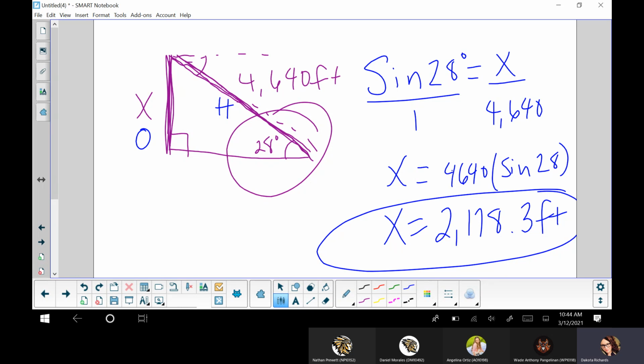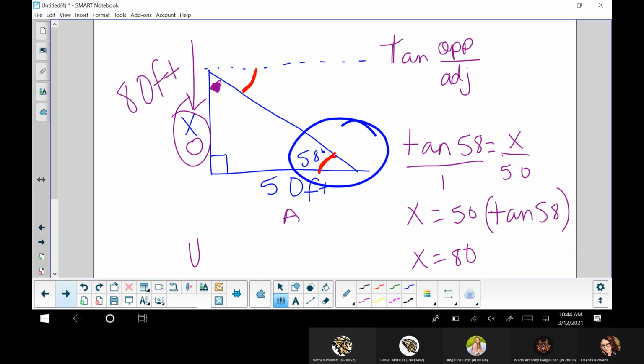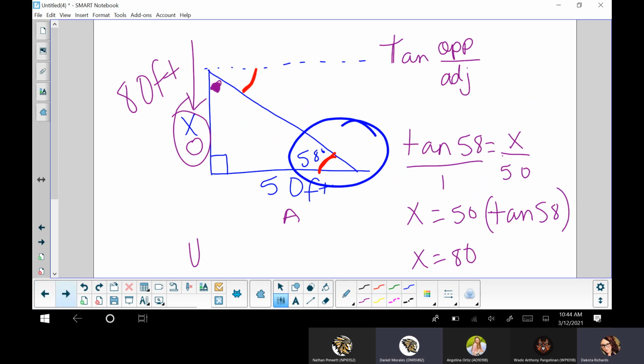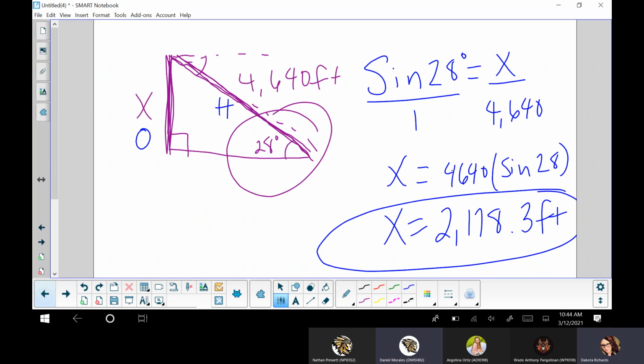We have 15 and 16. Do you want to do both or just pick one? So what we've done here, we have used an angle and a side to find another side.